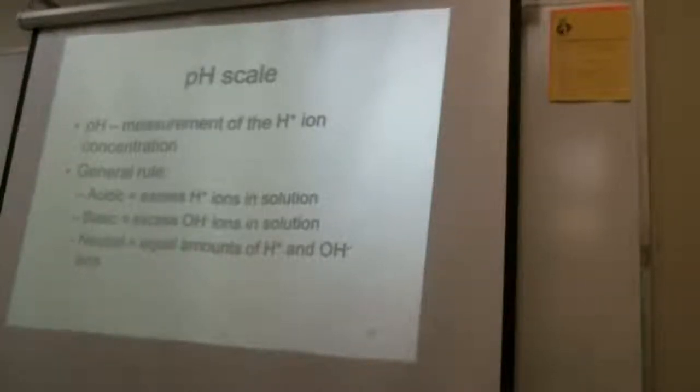If something is acidic, you have more hydrogen ions. If a solution is more basic, you have more hydroxide ions. And you guys realize, 6.9 is still slightly acidic, so anything below 7 is acidic, and anything above 7 is going to be alkaline, even if it's 7.1.